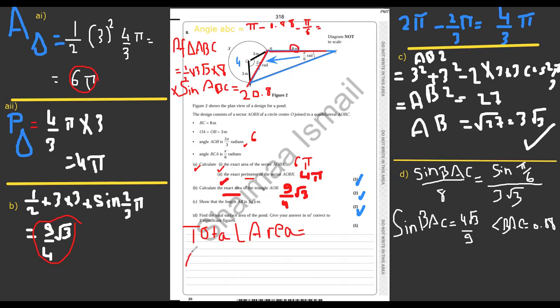So we did it. The total area will be area 1 plus area 2 plus area 3.